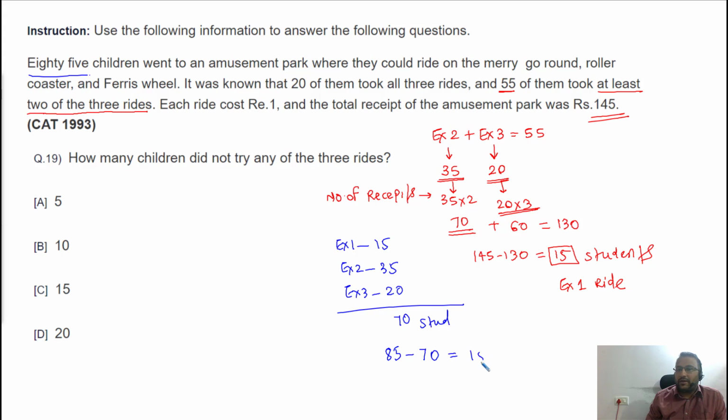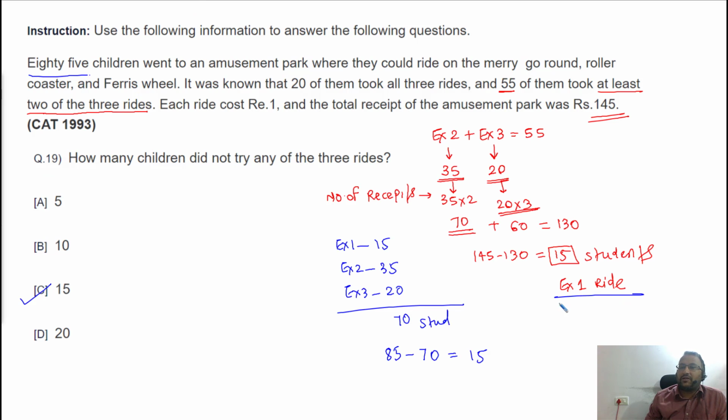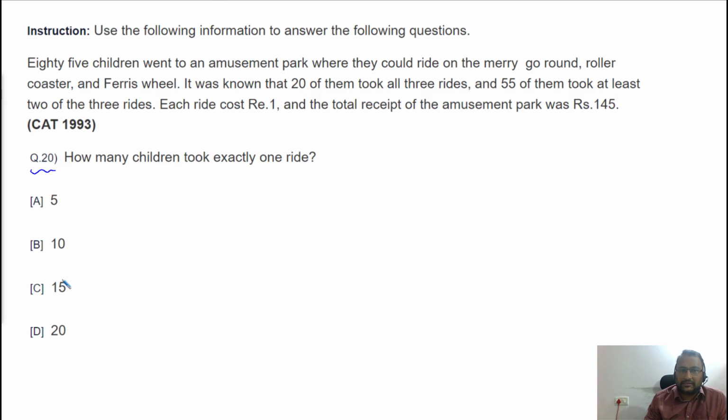It means the remaining 15 students did not take any of the rides. So the answer of question number 19 is option C. Question number 20 is dependent on the same data. How many children took exactly 1 ride? Exactly 1 ride is 15 students. The answer is option C over here.